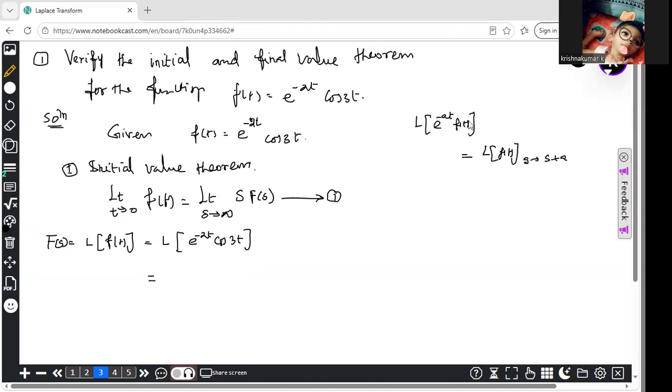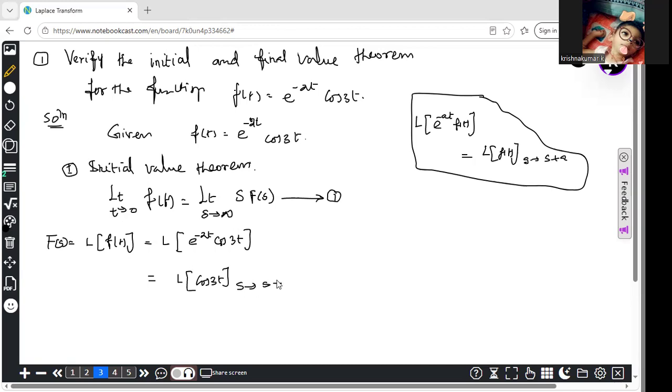If it is minus, then you put s plus. If it is plus, then s minus. This is the first shifting property. So I am going to use this one. So Laplace transform of cos 3t, and after finding it, you have to replace s by s plus 2 because here it is minus 2.